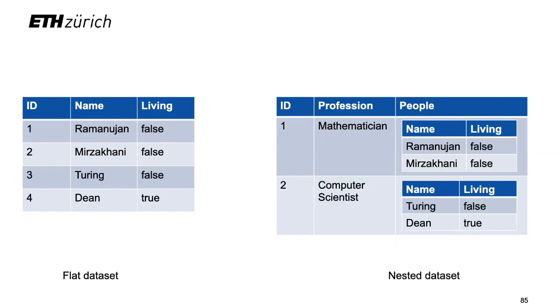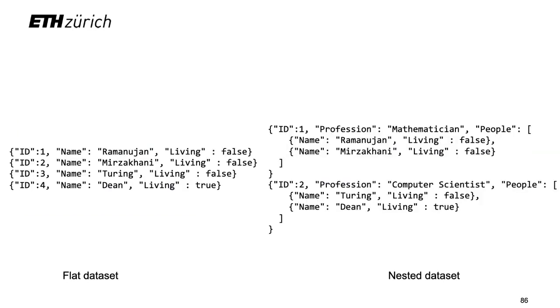What I want to show you here is the contrast between flat and nested. You can have flat data sets, first normal form, or nested data sets. JSON can do that. JSON can cover the flat data sets like this, where all values are atomic, and JSON can cover the nested data sets like shown on the right. For the left, CSV can do it as well. For the right, CSV cannot do it.